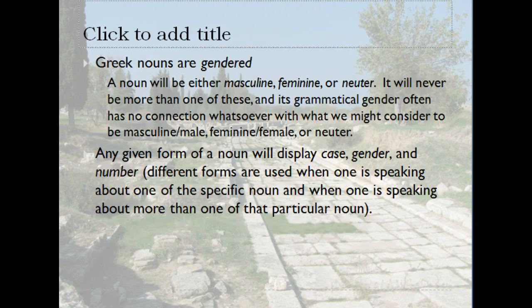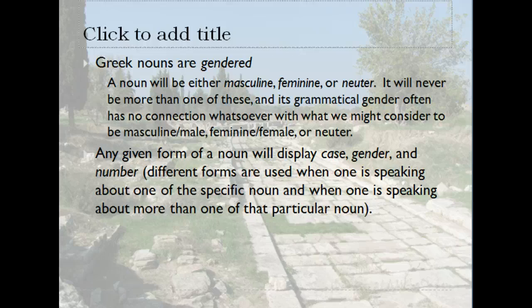Now, there are another two things in regard to Greek nouns of which we need to be aware, and that is gender and number. The first is going to be truly odd to us English speakers because our nouns do not have grammatical gender. We don't have a category of masculine nouns and feminine nouns and neuter nouns.